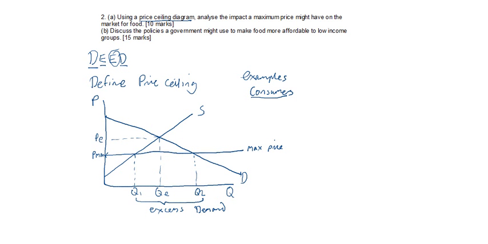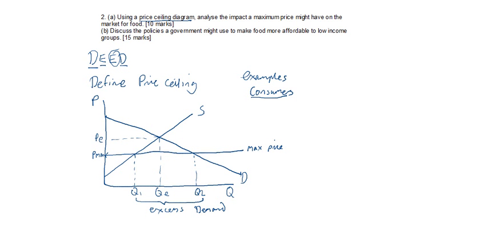For example, in Venezuela, they have done this. So again, if you're reading around the news, you should be able to pick out some of these examples. This is why you need to watch the news and relate it to what we're doing in lessons. So again, you can choose that as an example.